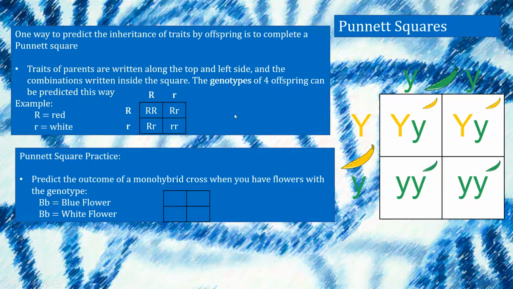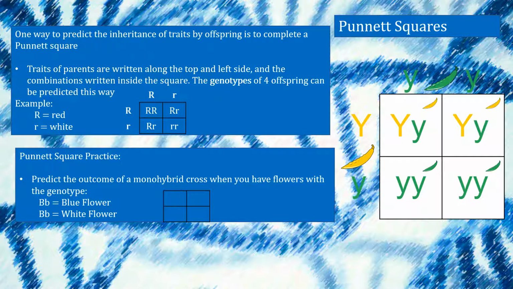What this means, folks, is that if these 2 flowers were crossbred, there is a 1 in 4, or 25%, chance that they would have an offspring that is pure red, meaning homozygous dominant. There is a 2 in 4, or 1/2, or 50% chance that these 2 parents would produce an offspring that is also heterozygous dominant for red.